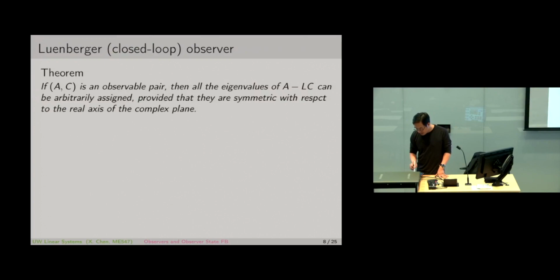This arbitrary we need to be a little bit more careful. This arbitrary assignment means if we have complex eigenvalues, then they have to at least come in pairs, right? So it has to be symmetric with respect to the real axis of the complex plane if there are complex eigenvalues.